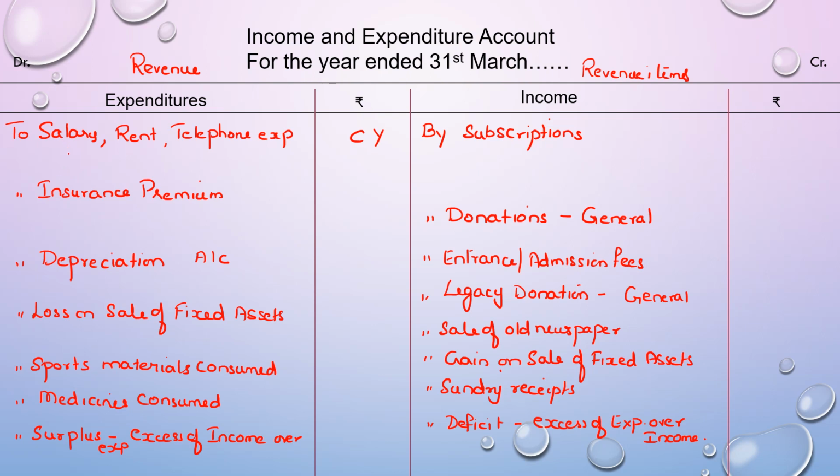You'll be adjusting it for the outstanding at the beginning and outstanding at the end. So whatever is the outstanding at the end refers to the expense of the current year, but it has not been paid. That is why it is still outstanding. So it should be included. So we add the outstanding at the end of current year.